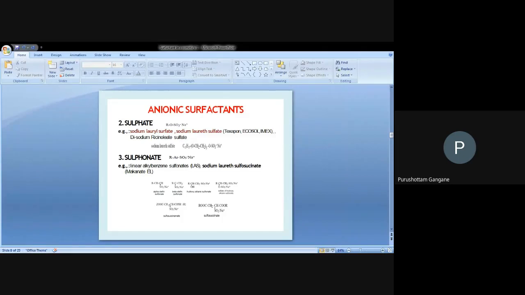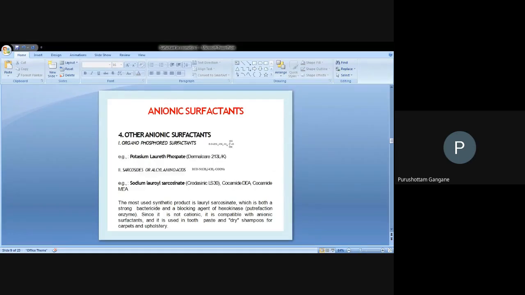Then sulfonate is another category of anionic surfactant. It includes linear alkyl benzene sulfonates and sodium lauryl sulfosuccinates. These are also useful anionic surfactants.